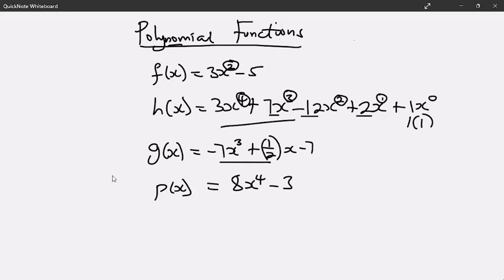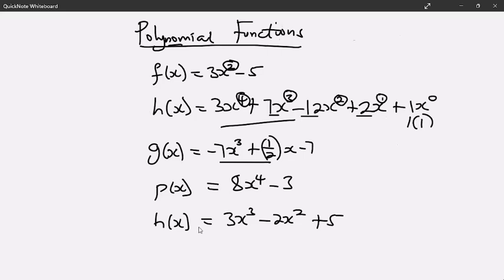The degree of a polynomial function is the highest exponent or the highest power of the variable as it's raised to. So consider a polynomial function h of x equals 3x exponent 3 minus 2x exponent 2 plus 5.